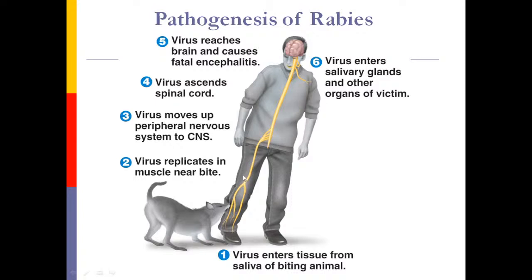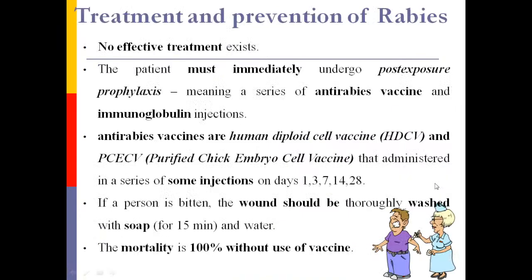This time is enough to produce cellular and humoral immunity to protect this person from destruction of nervous cells. We don't know about immunity after rabies. Why don't we know whether immunity is lifelong or short-lived? Because nobody is alive after rabies.